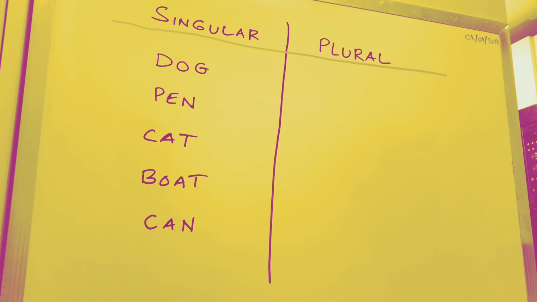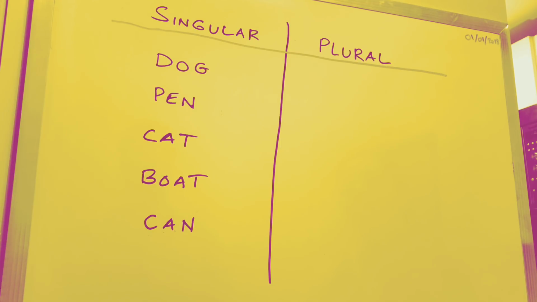In the English language, singular means when you're talking about one, something that is singular. Right now I have written here dog, which means it's one dog we are talking about.